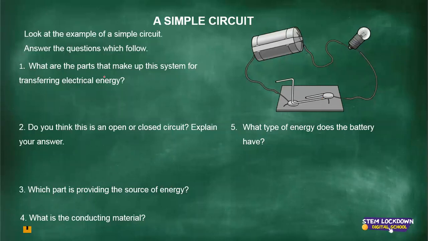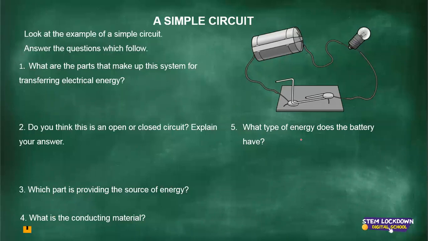So what are the parts that make up the system for transferring electrical energy? Do you think this is an open or a closed circuit? And then you must give a reason why you think that. Which part is providing the source of energy in the circuit? And then what is the conducting material?